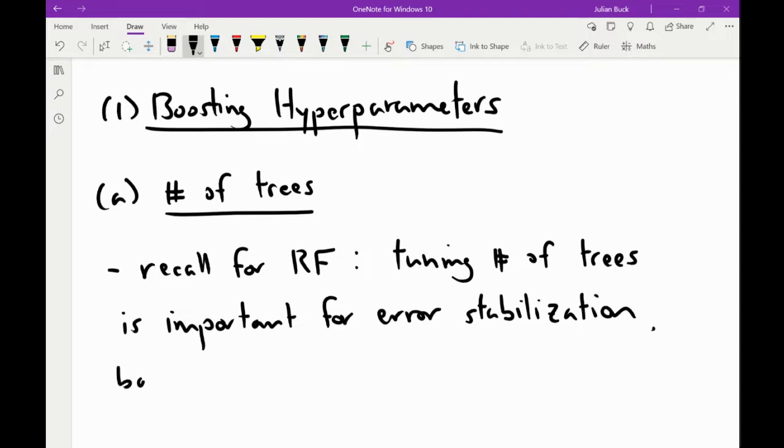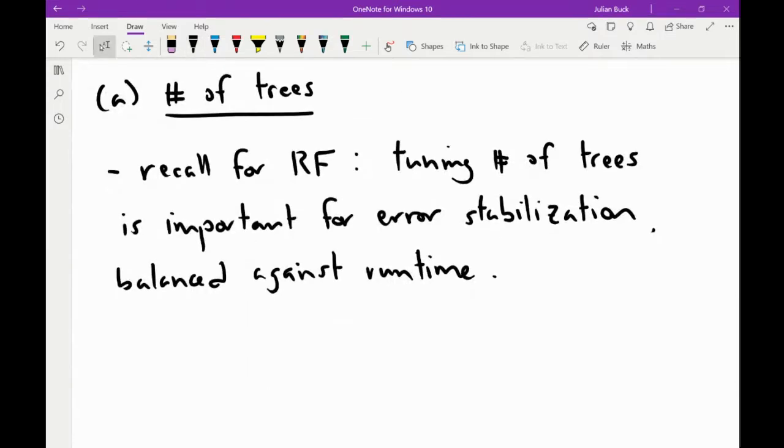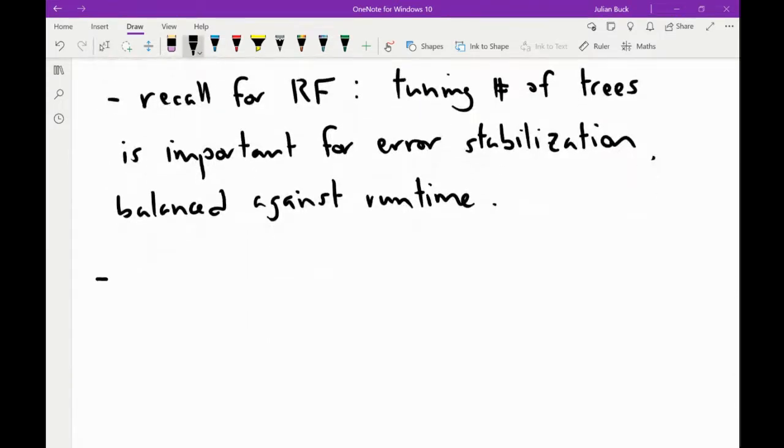But then remember, balanced against runtime. So there are always computational considerations. And in particular, for the random forest case, the computational consideration is important because there's not really any limit to how far you can go.